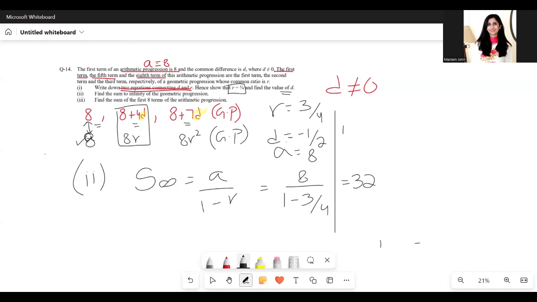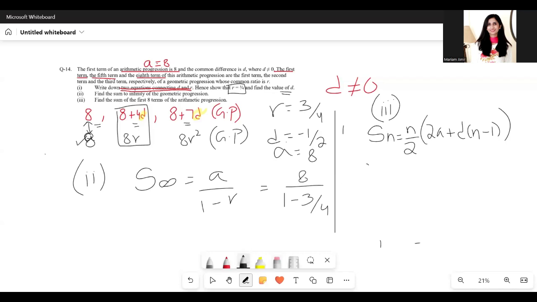Part 3, find the sum of the first 8 terms of the AP, arithmetic progression. The formula for the AP's sum of n terms is n over 2 times (2a plus d times (n minus 1)). We have everything, I believe.